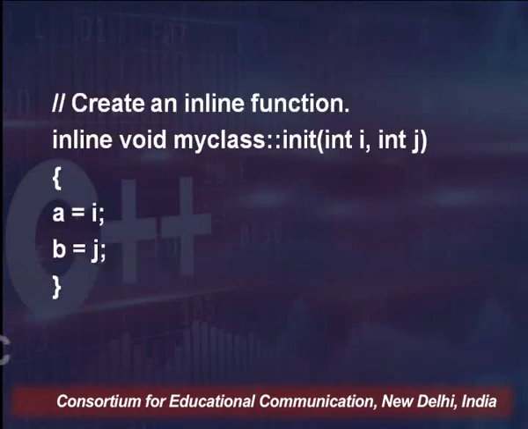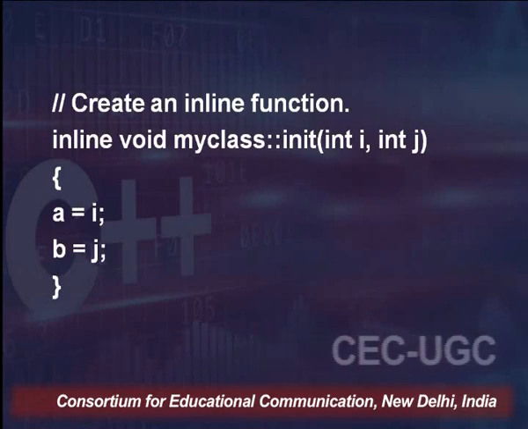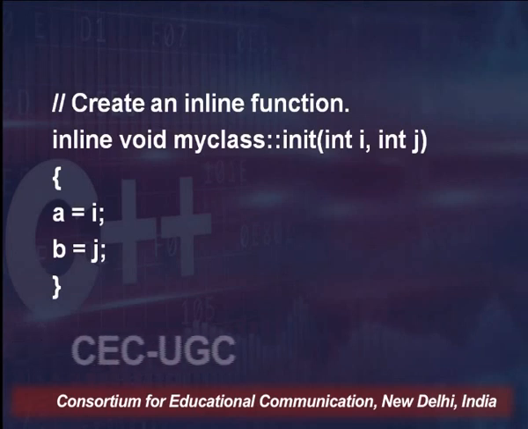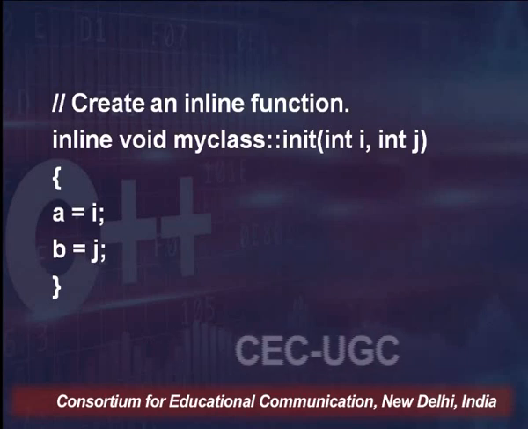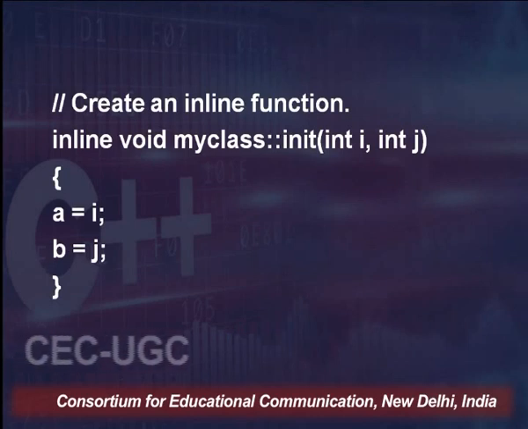Here you can see the init function has been defined. It takes two variables i and j, and these are assigned to A and B, which are the private members of my class, and it returns nothing. So, the return type is void, but before the signature the keyword inline is placed.